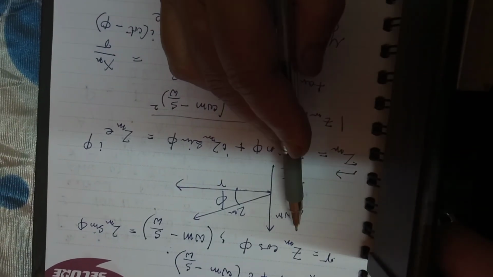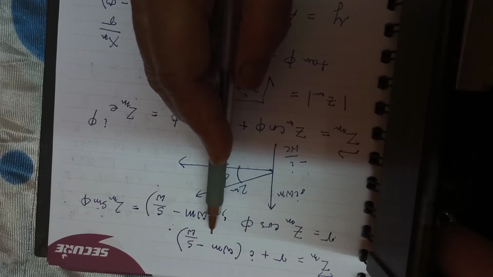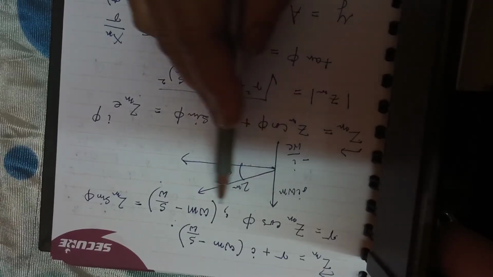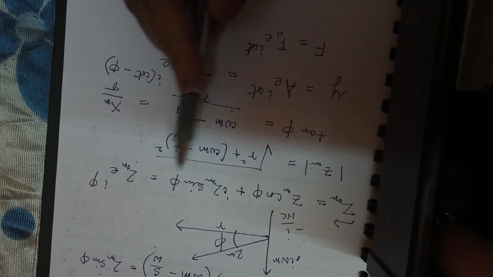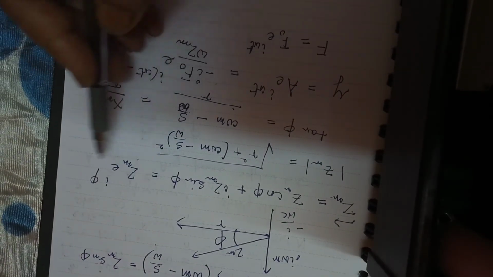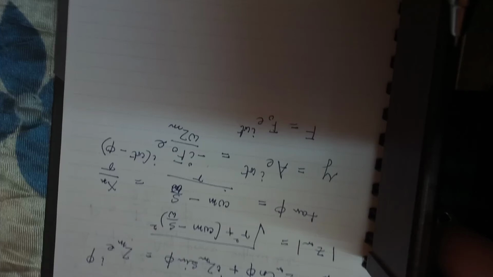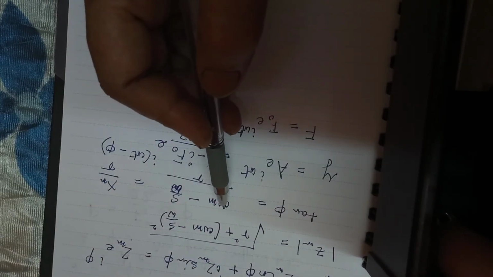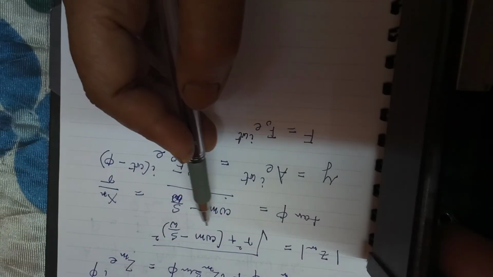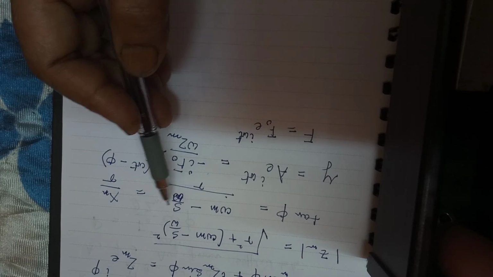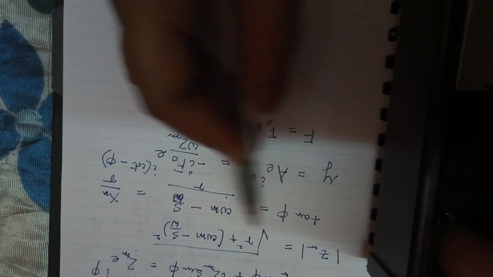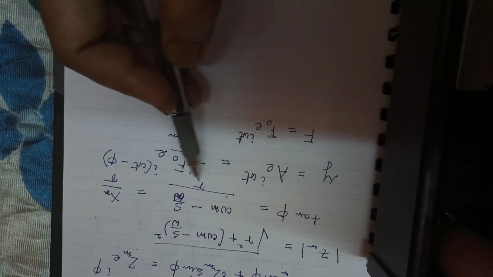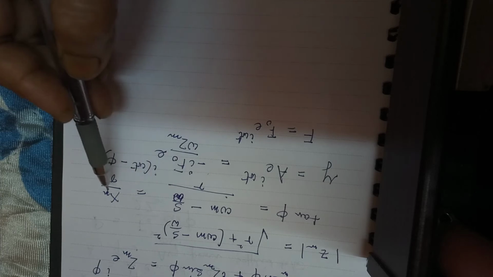Zm, because this is r plus i (omega m minus s by omega). So you have it in this manner. Therefore, you write it like this, and this is nothing but Zm e to the power i phi. The modulus of Zm being this: square root of r squared plus (omega m minus s by omega) whole squared. Tan phi is (omega m minus s by omega) by r.